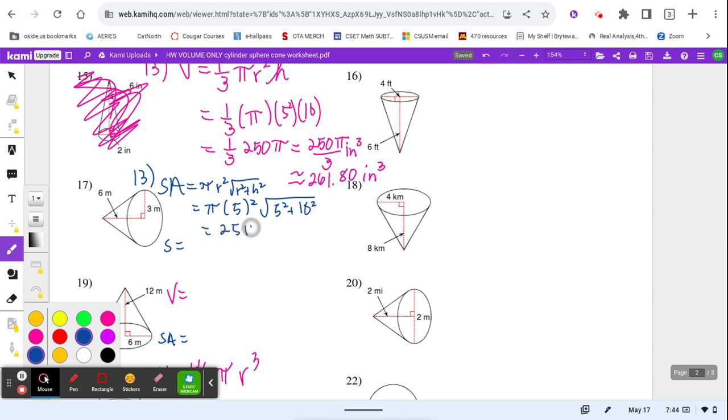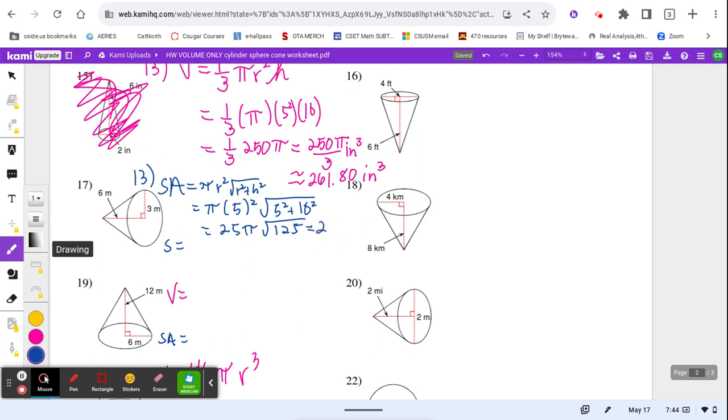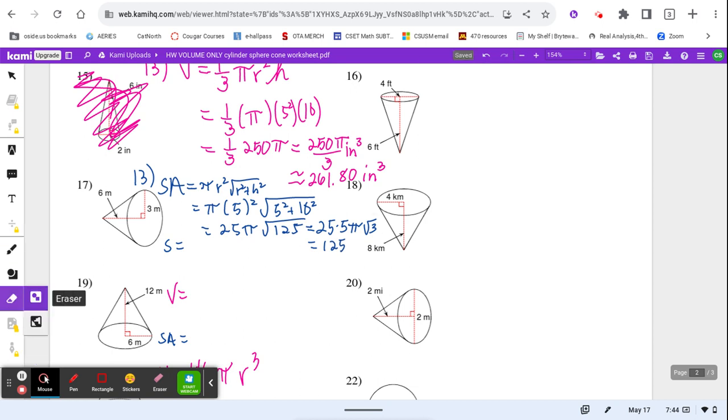So that equals 25 pi square root of 25 plus 100, which is 125. We break down that radical. That's our simplify radical work from first semester. Sorry, guys. 125 is 25 times 5.